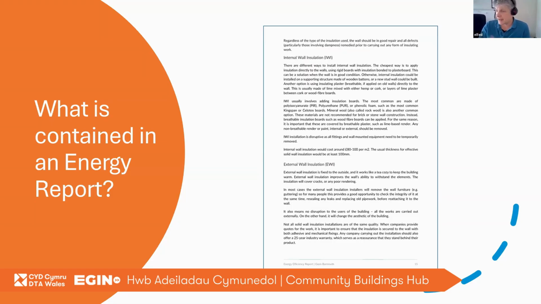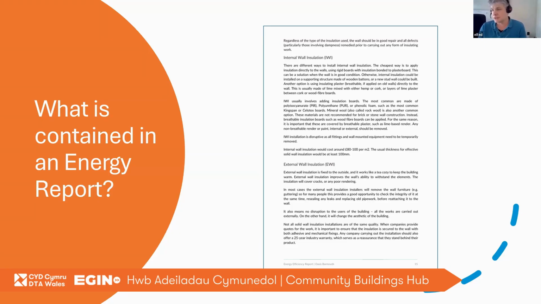So internal or external wall insulation both work in similar ways. They trap the heat inside the building. External wall insulation is obviously a lot less disruptive, but does require scaffolding if it's more than 1 storey high. Internal wall insulation is a lot more disruptive, but sometimes is simpler to get approval for.